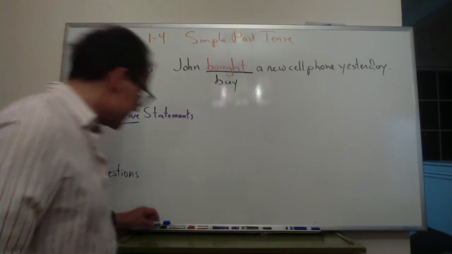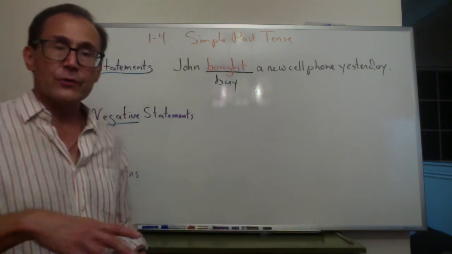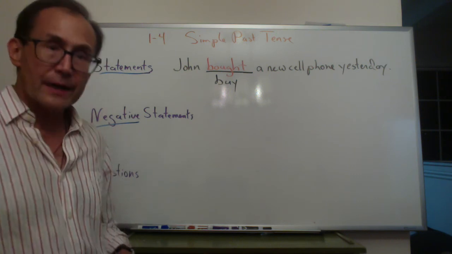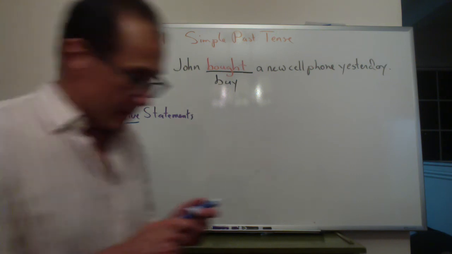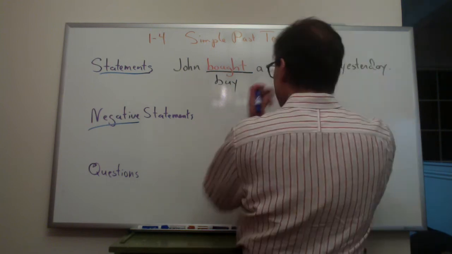Okay, let's take a look at negative statements. Now, a negative statement, you might remember, is a statement that uses a negative word like not, or never, or no. So, let's make this into a negative statement.